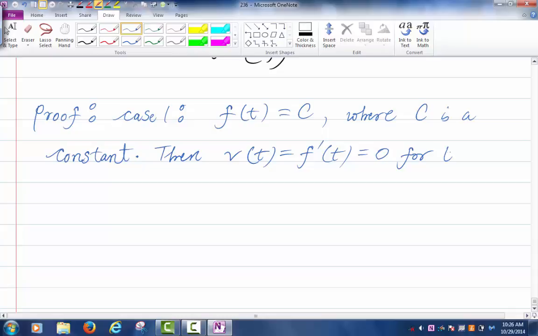So for any t in that time interval, the velocity would be 0. So I have really nothing to prove. It's obvious that the velocity should be 0 at any moment, not just at one moment. So that's case 1. That's the trivial case. That's easy to understand why the velocity should be 0 at some moment.